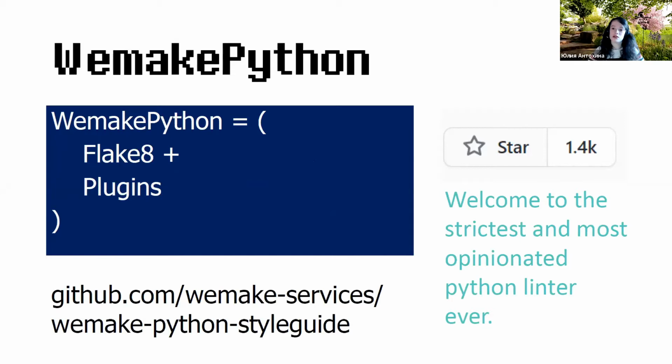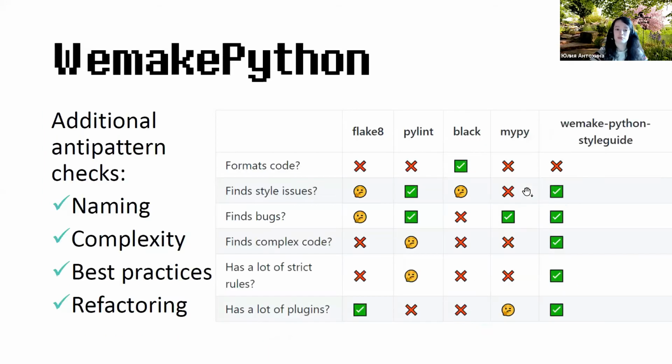And we must agree, it has a lot of stars on GitHub and a lot of additional checks. For example, it checks a lot of best practices for Python, additional practices, for example, the use of f-strings. It checks some anti-patterns for Python, and checks some complicated naming issues.